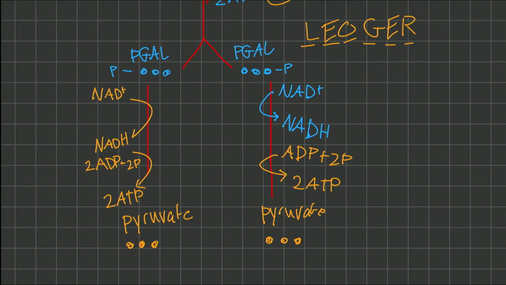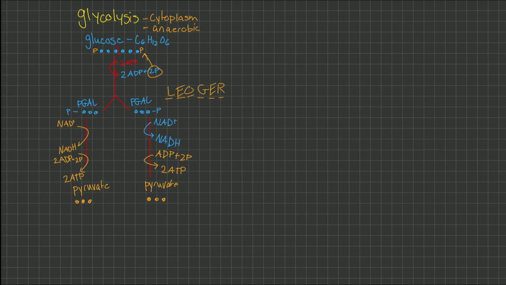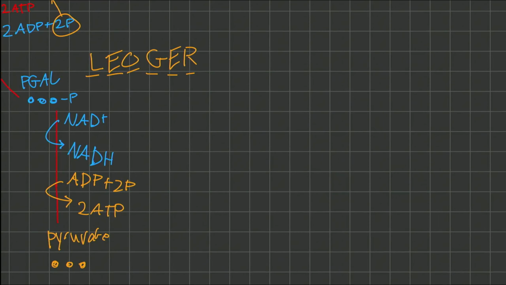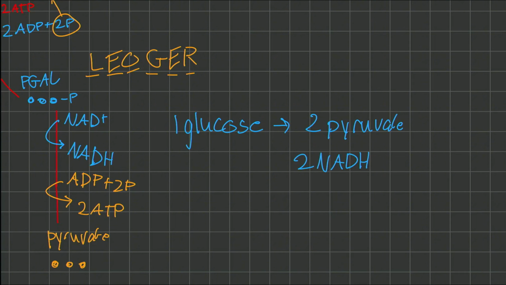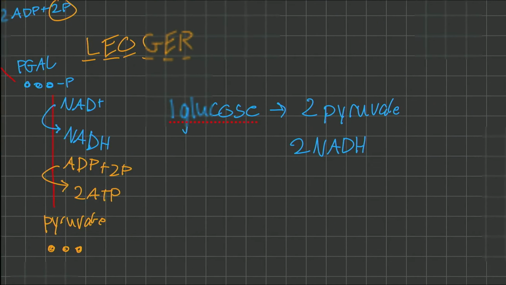So from 1 glucose molecule to begin with, what we got out of it was 2 pyruvates, 2 NADHs, which are used to create ATP in the electron transport chain, and a net of 2 ATP.